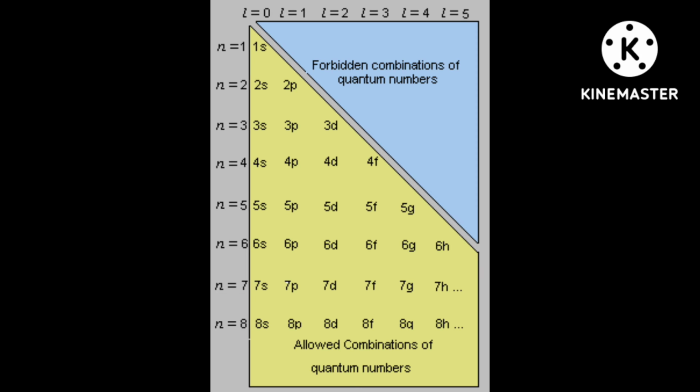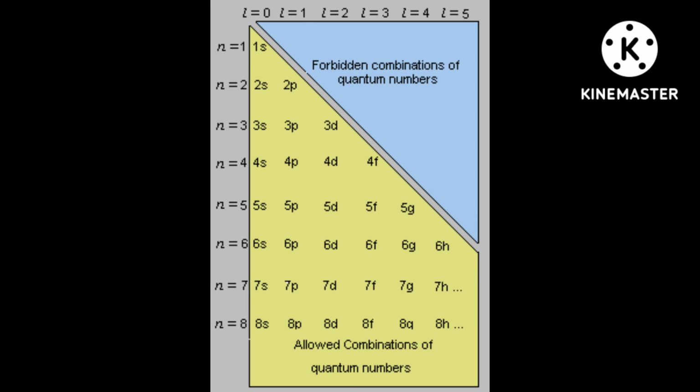Under the d subshell, these 5 d orbitals are there: dxy, dyz, dzx, dx square minus y square, dz square. So d has 5 orbitals, you can tell like that.